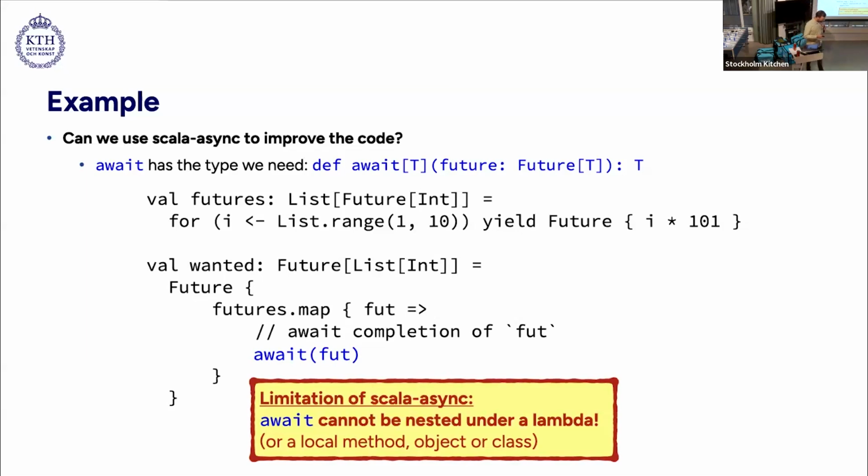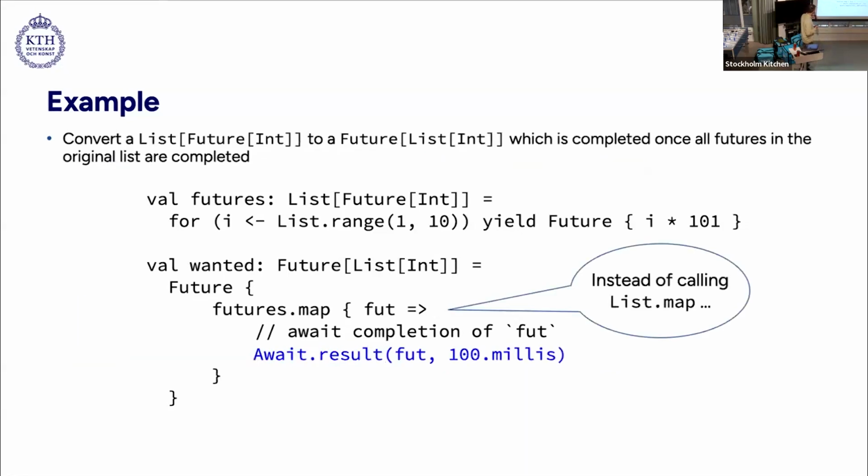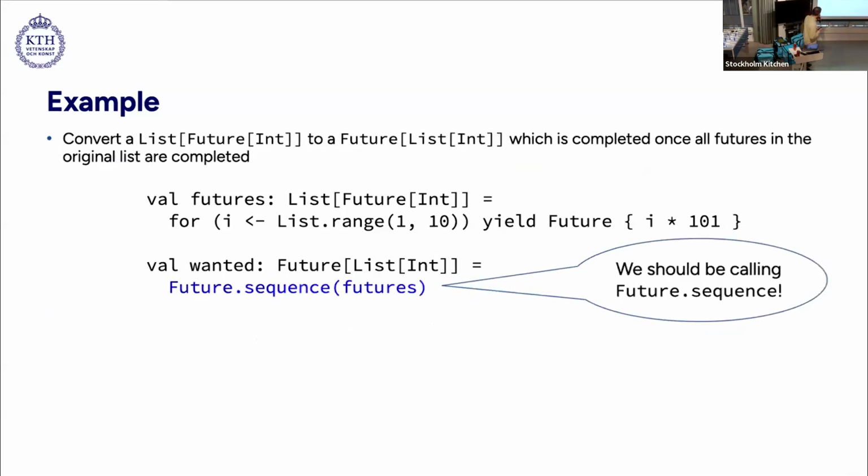Okay. So then, of course, we could explore the futures API a bit more, and we can find out that instead of using list.map, there's actually a method called sequence. In the Future object, there's a method sequence which takes a list of futures, and it will return a future which is completed with a collection of the results of these futures when all of these have completed.